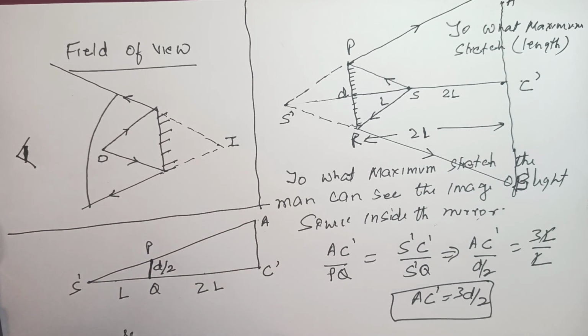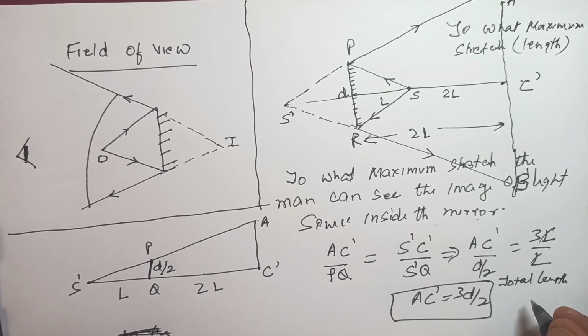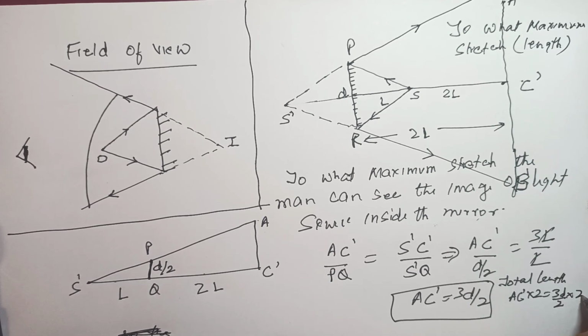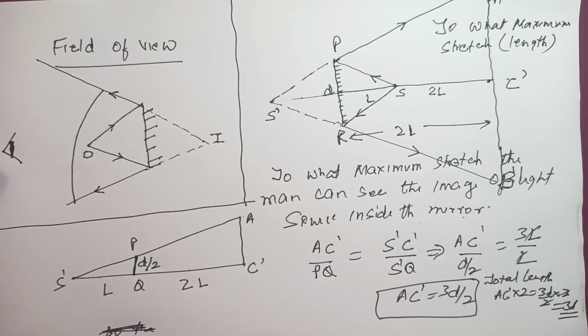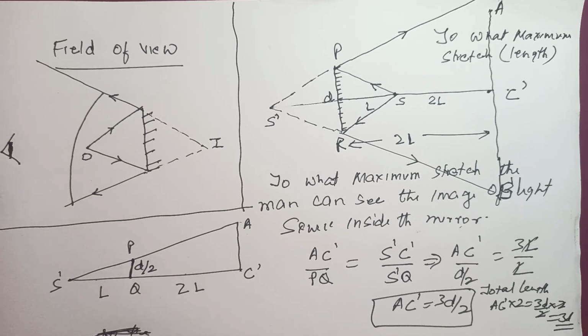Let me write it: total length is equal to AC dash into 2, which is 3d by 2 into 2, so it is equal to 3d. This type of question they sometimes ask, so it's very important that you go through it.